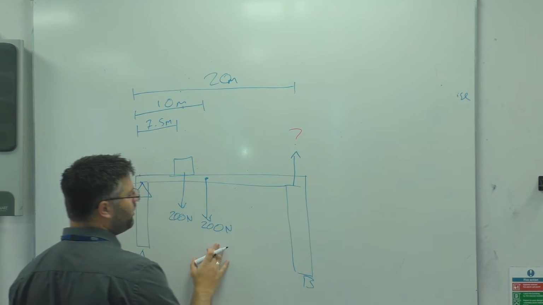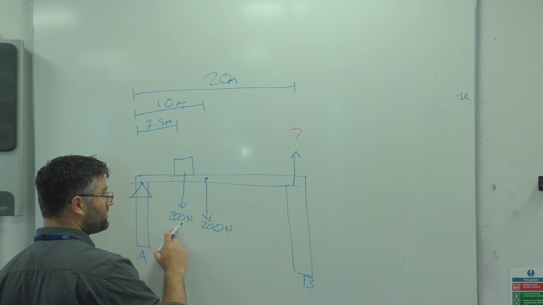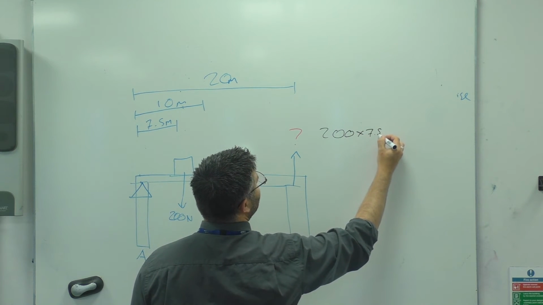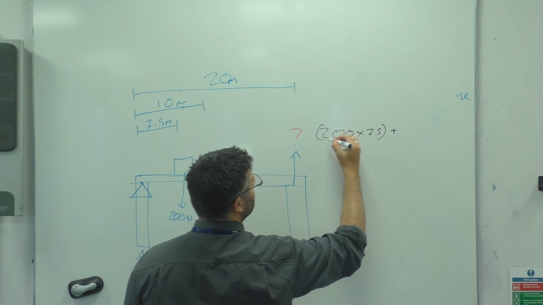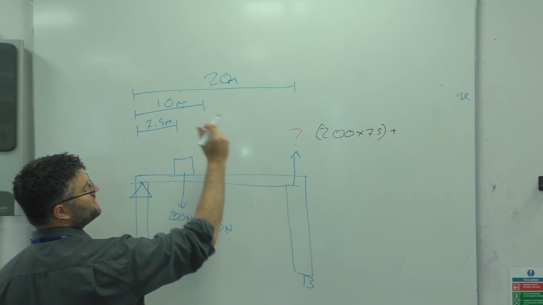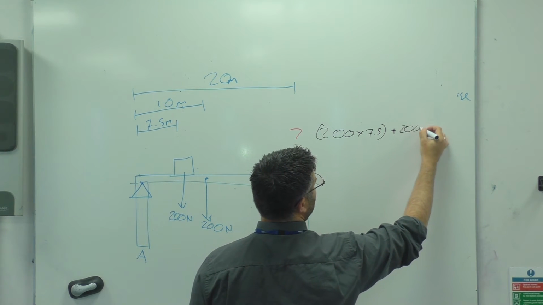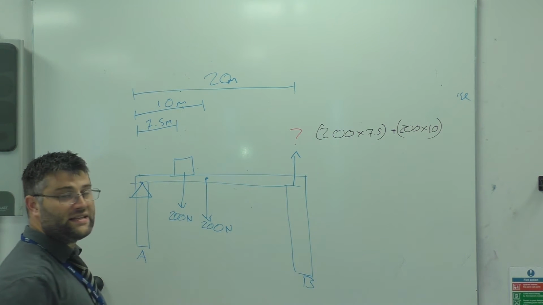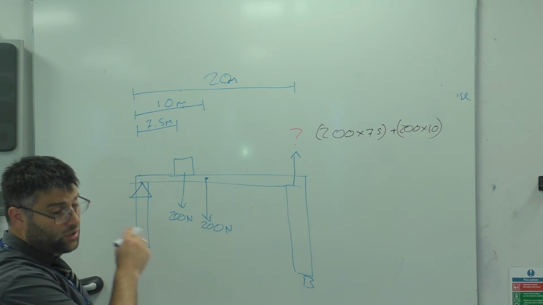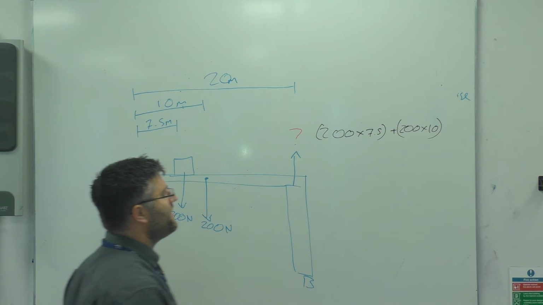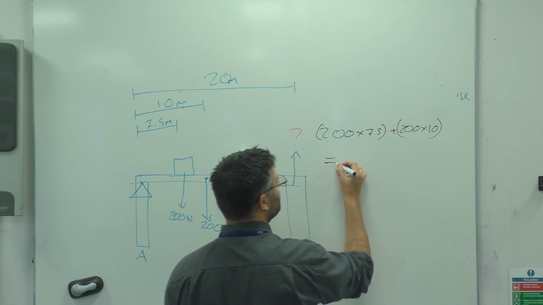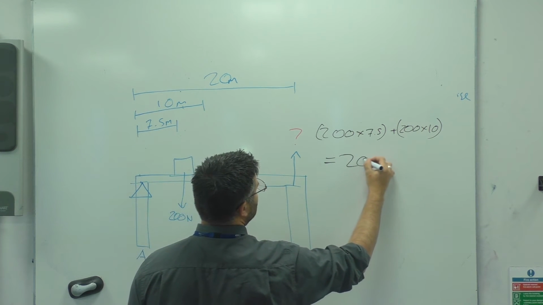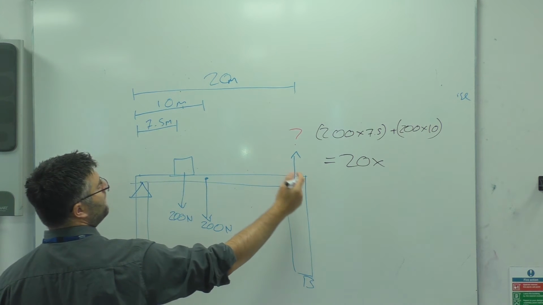So remember, sum of the clockwise, so we've got 200 times 7.5 plus 200 times 10. That's the sum of my clockwise moments, and that's going to be equal to 20 times by my unknown.